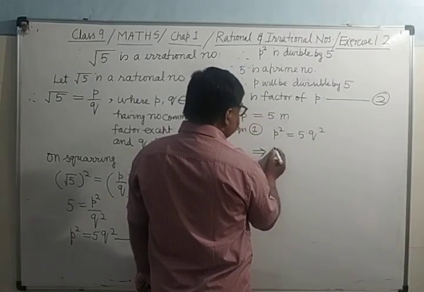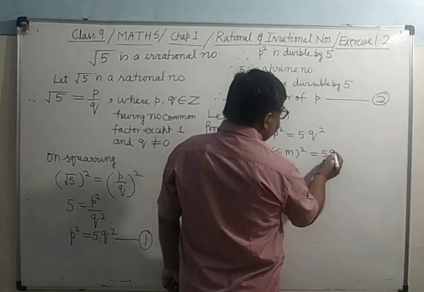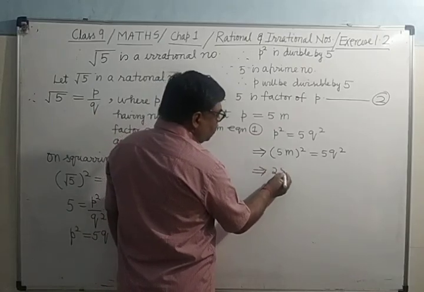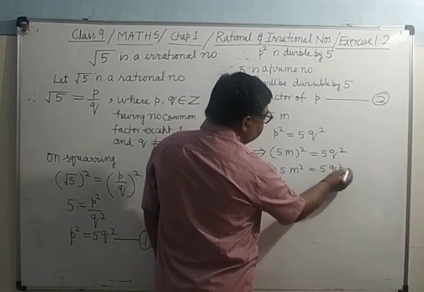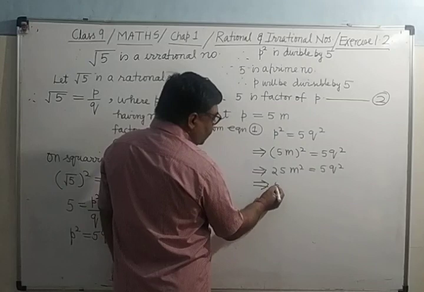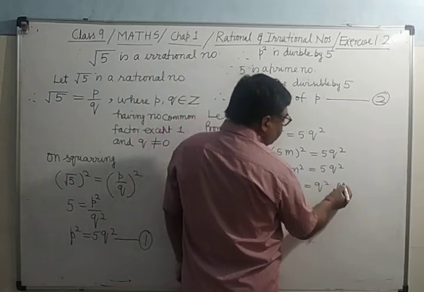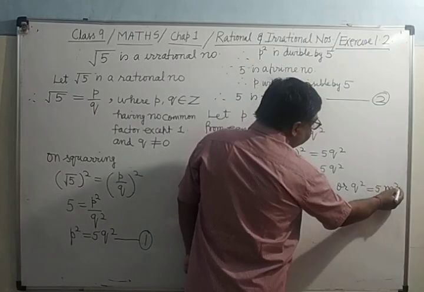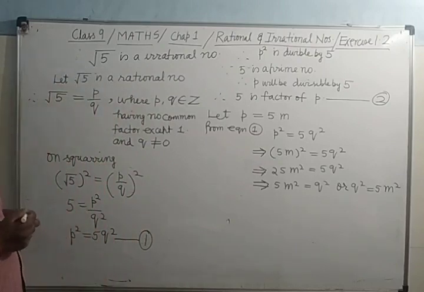In place of p you will write 5m whole square equals 5q square, so 25m square equals 5q square. It will be cancelled, so 5m square equals q square, or q square equals 5 into m square.